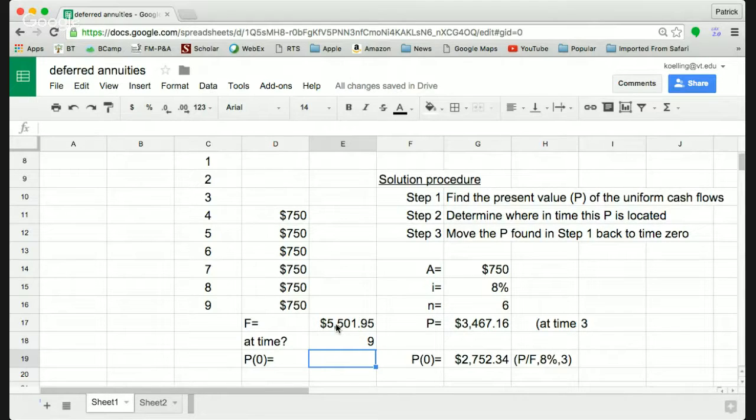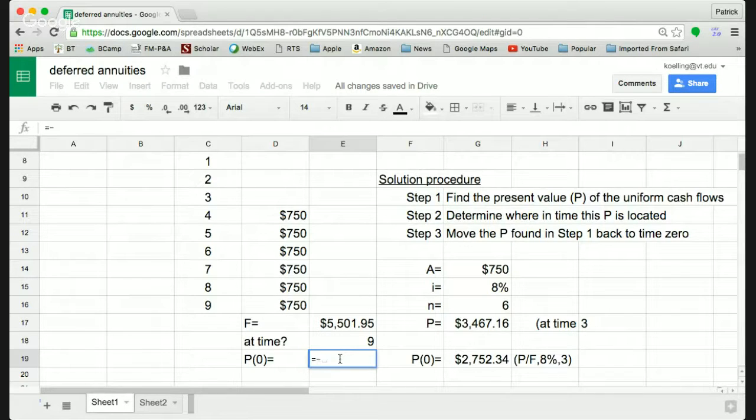Well, I would take this single cash flow at the end of year 9, and I would bring it to the present with a present value, right? And this would be a P given F. This would be just like this guy, P given F, 8%, but the years now would be 9 instead of 3 over here. So let's do it with 9 and see what we get.